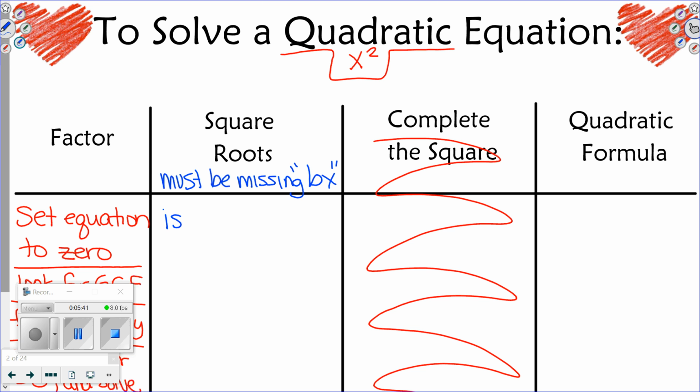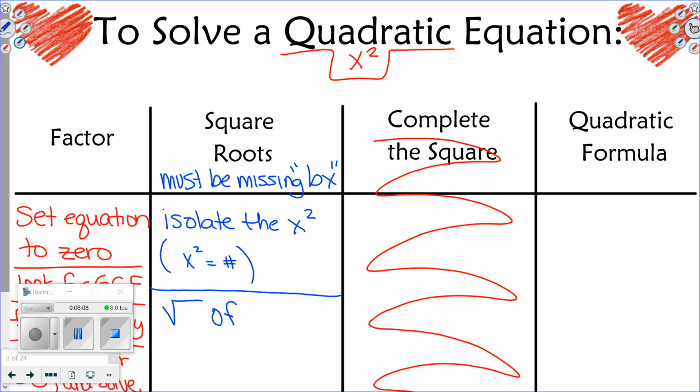You will isolate the x squared. So in other words, you want it to be x squared equals a number. You're getting the x squared term by itself. It's not ax squared equal to a number. It's just x squared equals a number. So if there's an a value, you're going to have to divide to get rid of that. Okay? After you isolate, you will take the square root of both sides.